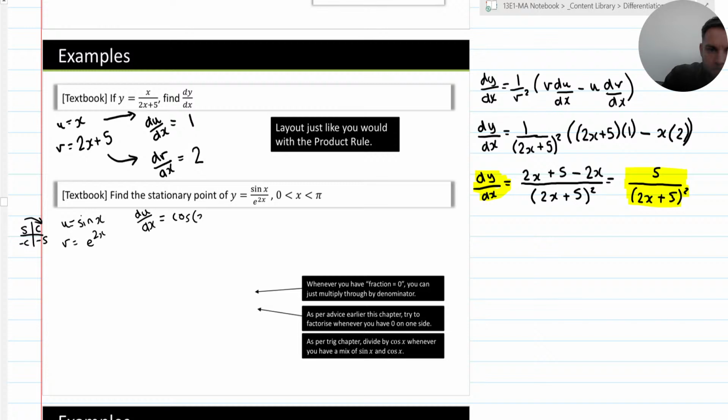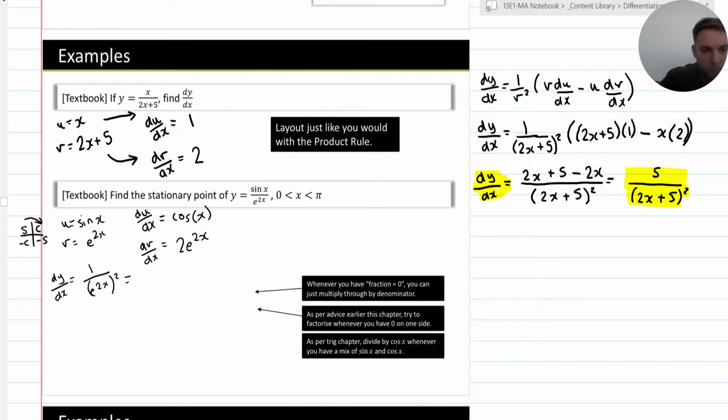And then dv by dx differentiates to, well, this is where we're going to have to use the chain rule. So e to the anything differentiates to e to the something. But inside there, you've also got the 2x. It's like those two layers, isn't it? So e to the 2x differentiates to e to the 2x, and then I differentiate inside that function, which is the 2x, and times by that. The differential of 2x is 2. So it's going to be 2e to the 2x.